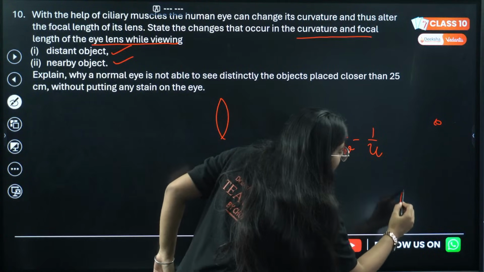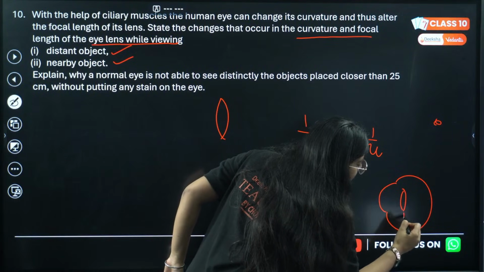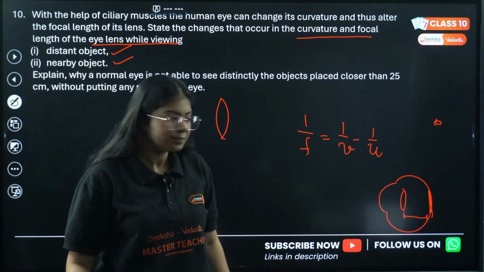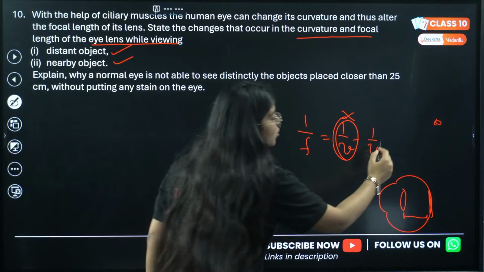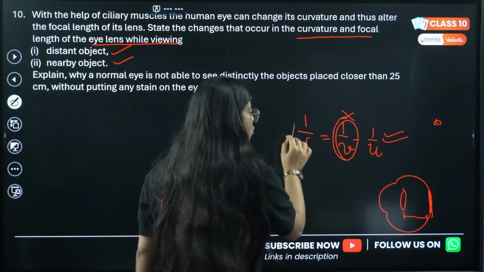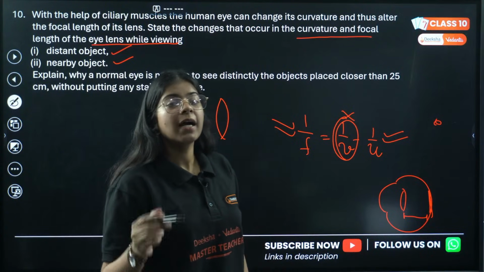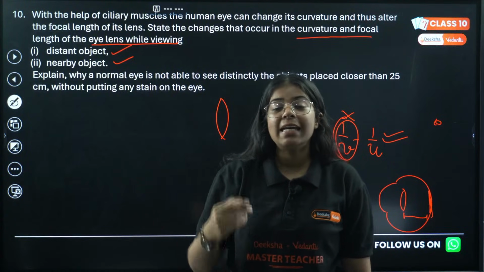From the eye lens, this is my eyeball, this is the eye lens. This distance, from the eye lens to the retina, always remains the same. So this quantity does not change. This quantity is changing. So the focal length will change. Very first point. Now for distant objects, my focal length increases.